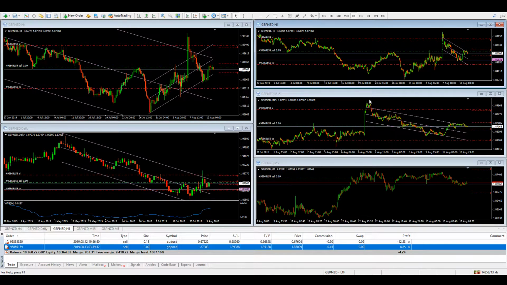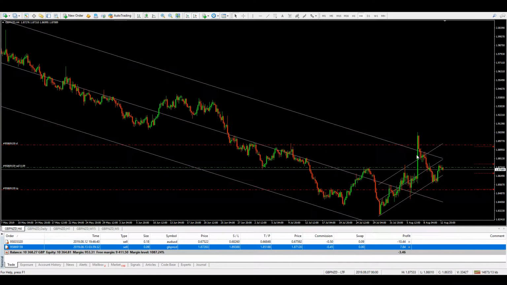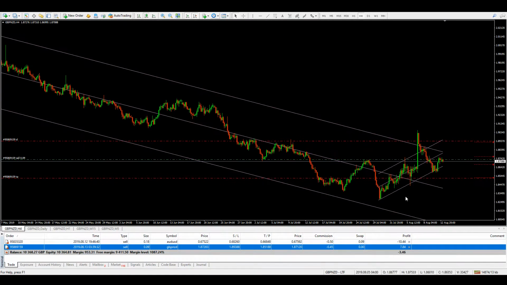So that's the setup on this. The troublesome thing with this is, if you look at yesterday's description of this, what I was looking at was for these lows here to be taken out on the 4 hourly, because this is still not ideal. This isn't really a 2% trade for me. This is why I've only risked £100 on this, 1% rather than 2, because not all the cards are aligned.